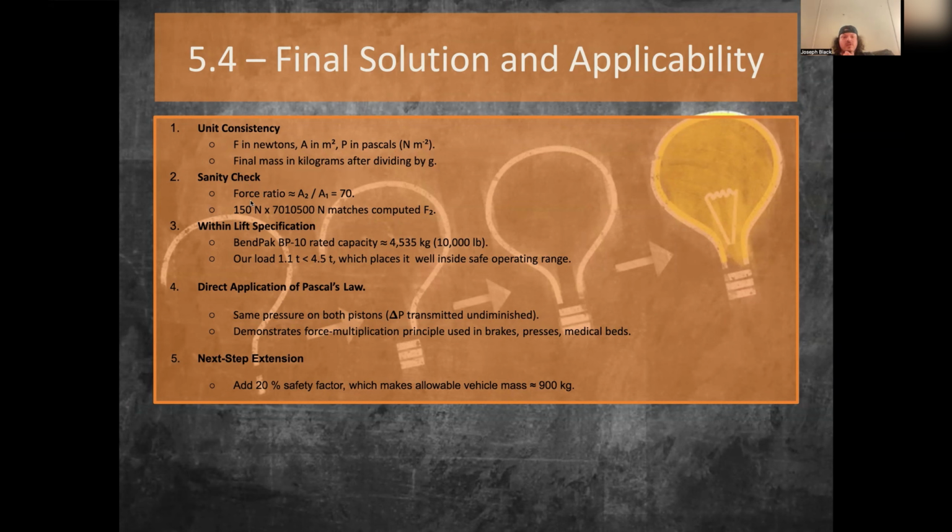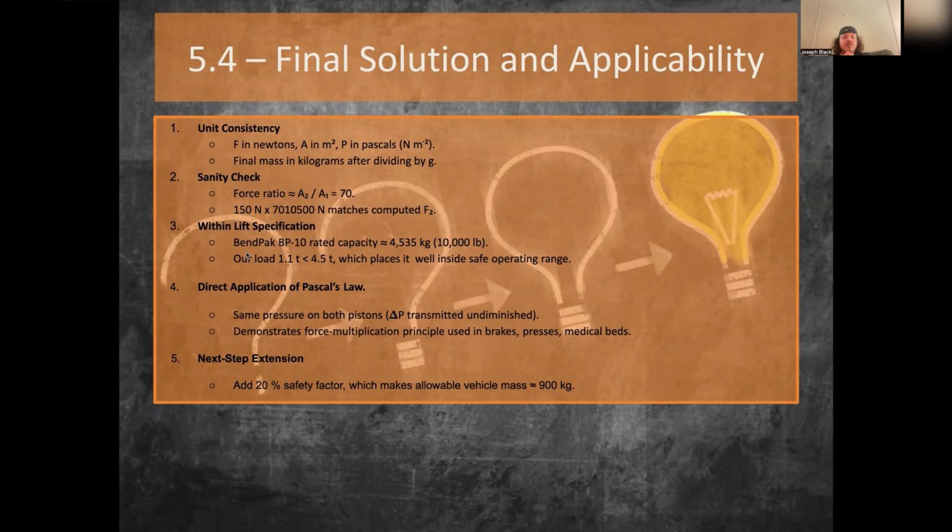So the sanity check is that the force ratio A2 divided by A1 equals 70, and then 150 newtons times 70 is 10,500 newtons, which matches computed F2.